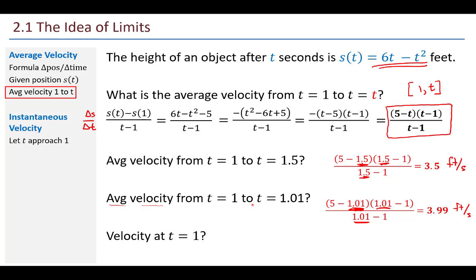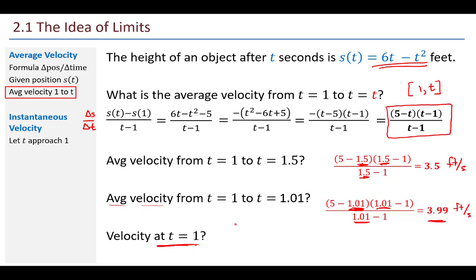It's almost the instantaneous velocity, isn't it? I mean, I would imagine that the instantaneous velocity of the object actually at t equals 1 has to be pretty darn close to 3.99. But what happens if I try to plug in t equals 1 into the formula?